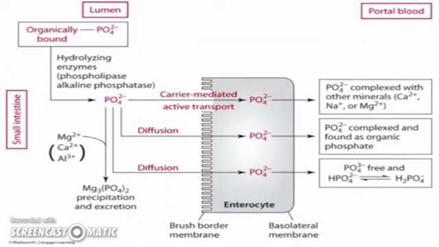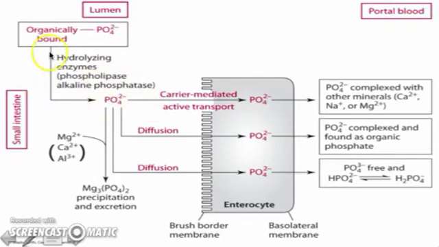Here we see a diagram related to the intake and digestion of phosphorus, the absorption of phosphorus, and then the forms in which it is transported in circulation. We first see that phosphorus consumed bound to an organic compound will need to be hydrolyzed to yield that free inorganic phosphate.